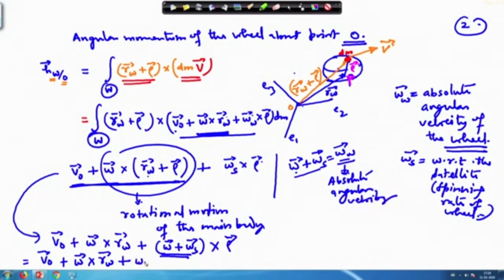Therefore, this becomes w w cross rho. This is what we have written. Okay. So, this is the distance to this point and then the corresponding velocity in the inertial frame. The only thing that we are talking about is this point. So, this is the velocity with respect to the inertial frame.